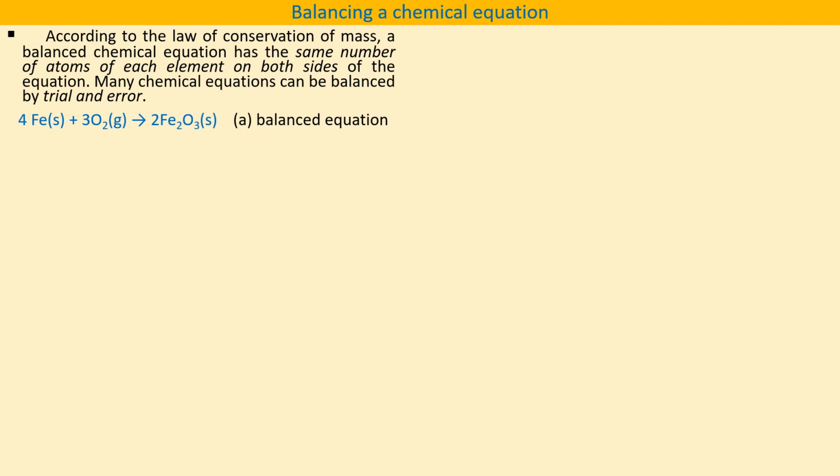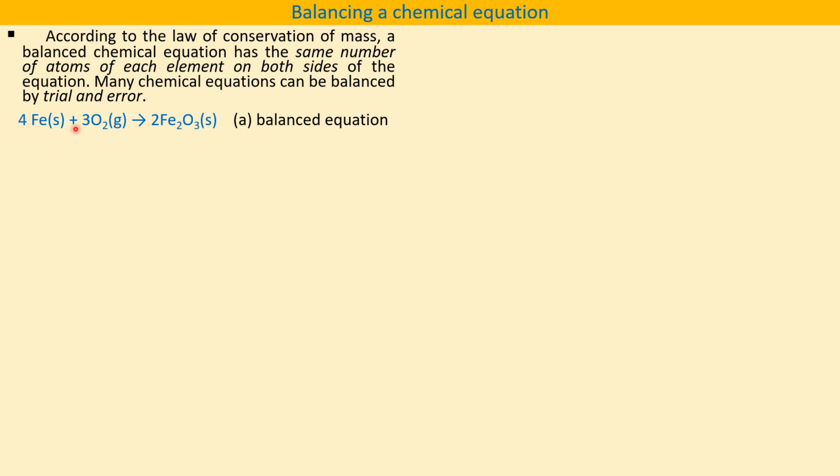Here on the screen you will see 4Fe plus 3O2 gives 2Fe2O3. Fe on the left hand side is in solid state and oxygen is in gaseous state, whereas the product on the right hand side is in solid state.